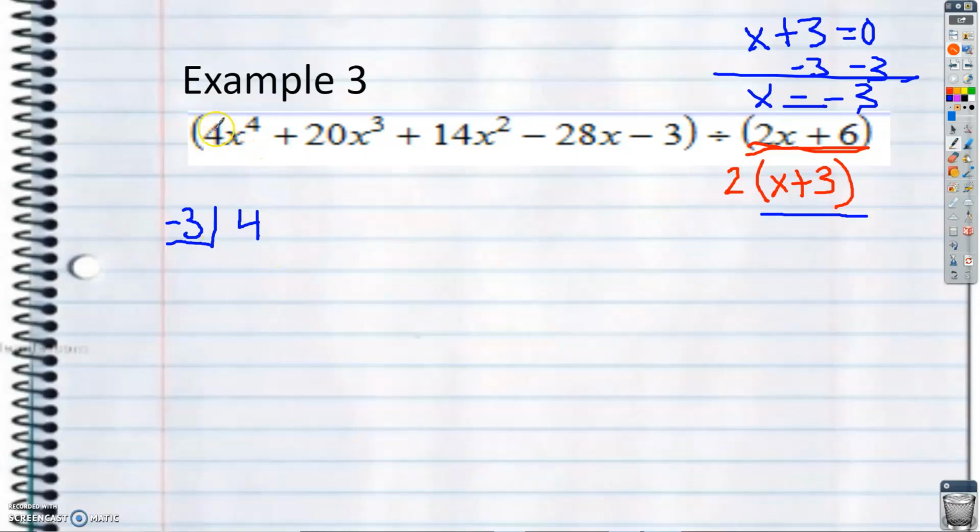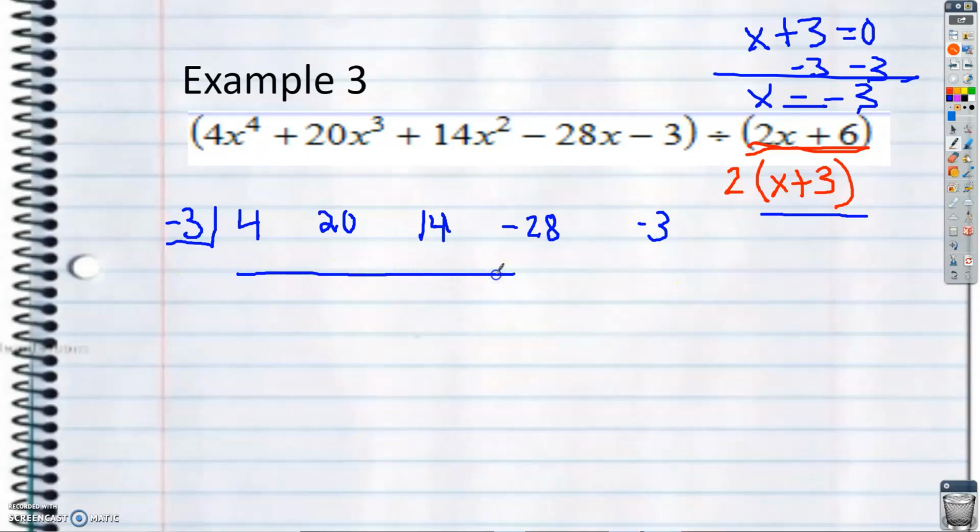If this is x to the 4th and the coefficient in front of that is 4, this is x to the 3rd, the coefficient in front of that is 20, x squared, the coefficient is 14. This is x, the coefficient is 28, and then -3, and it has no x's.